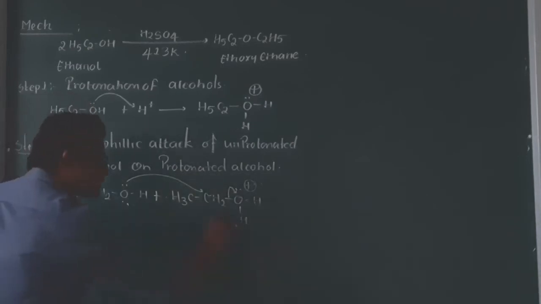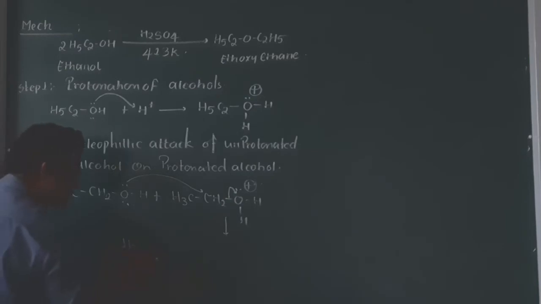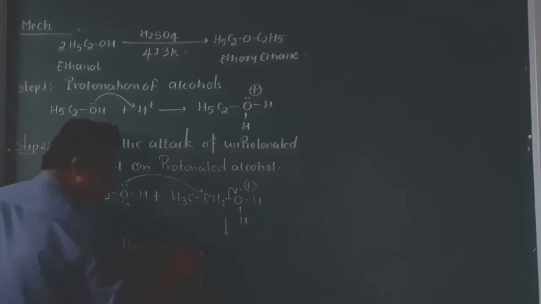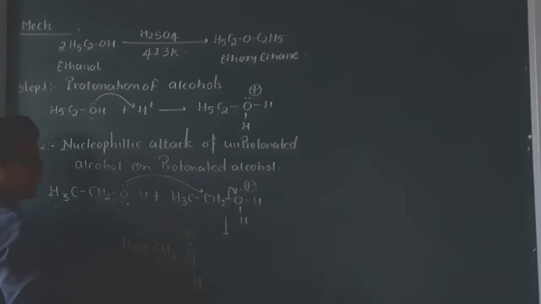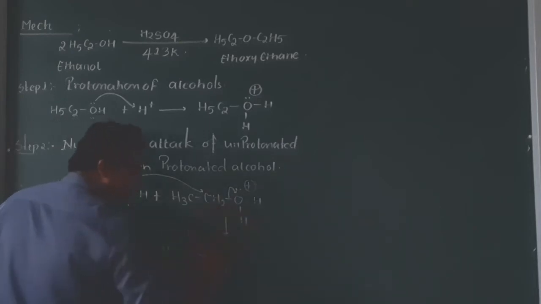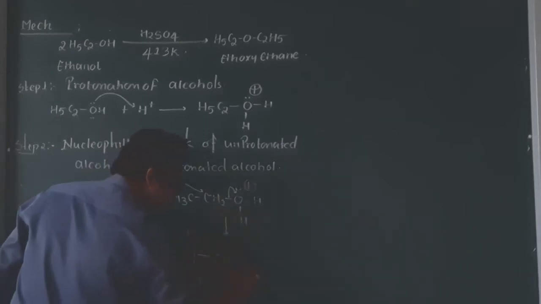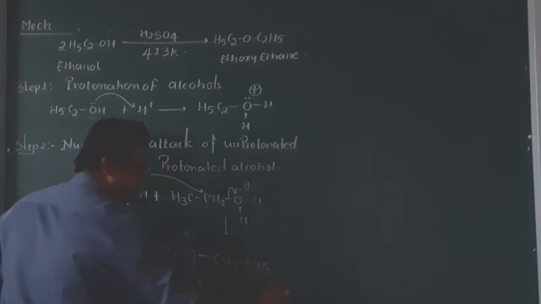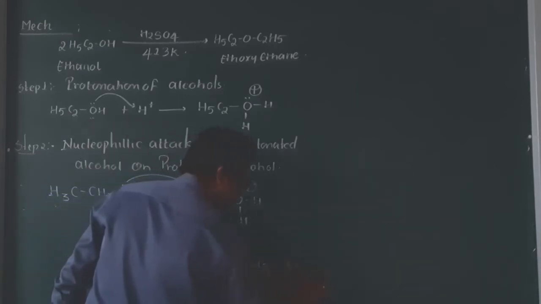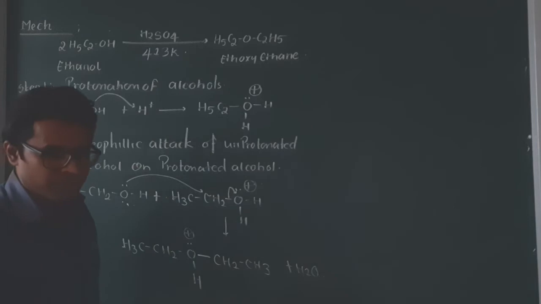So when this reaction occurs, what we are going to have is CH3CH2 oxygen with hydrogen. This hydrogen remains here. This is going to generate a positive charge, and now it is connected to CH2 and CH3, plus what we get here is water. This is step 2.